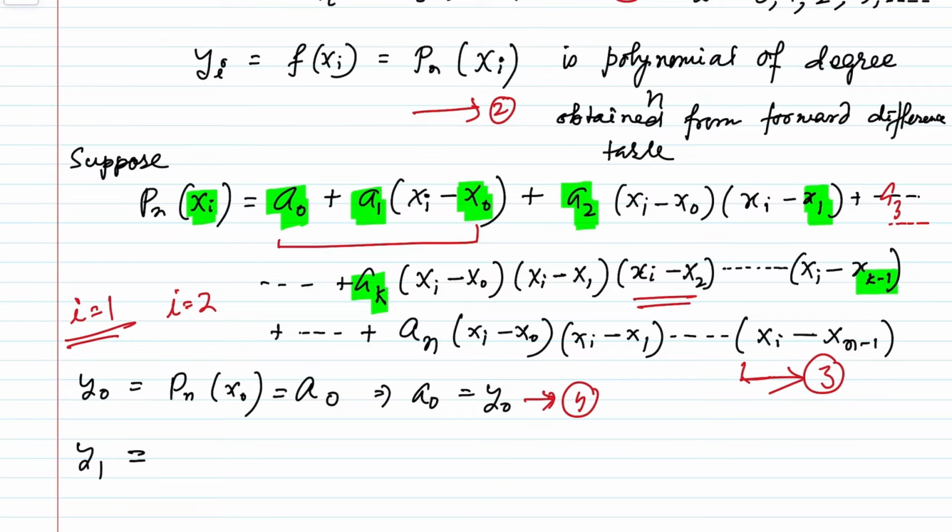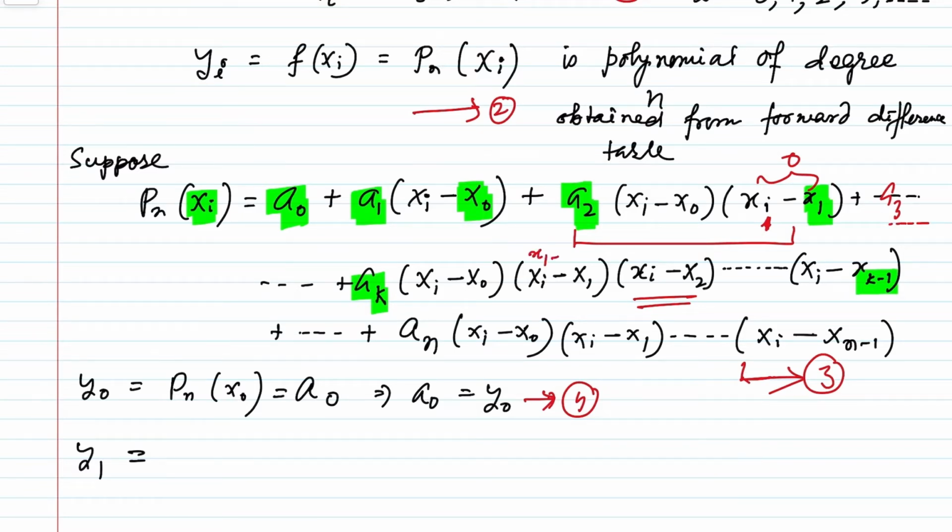Okay, so now let us find y1. If you put i equal to 1 here, then this term will be 0, hence this part will be 0, and in the remaining part there will also be x1 minus x1, which is equal to 0. That's why the remaining terms will be 0. So hope you have understood.